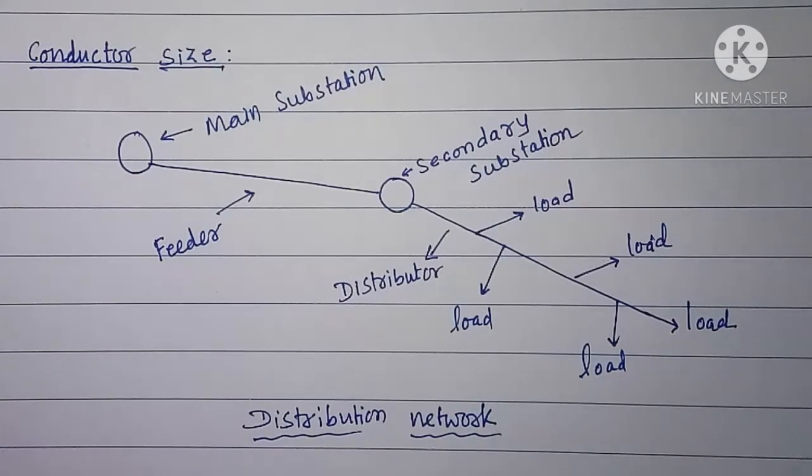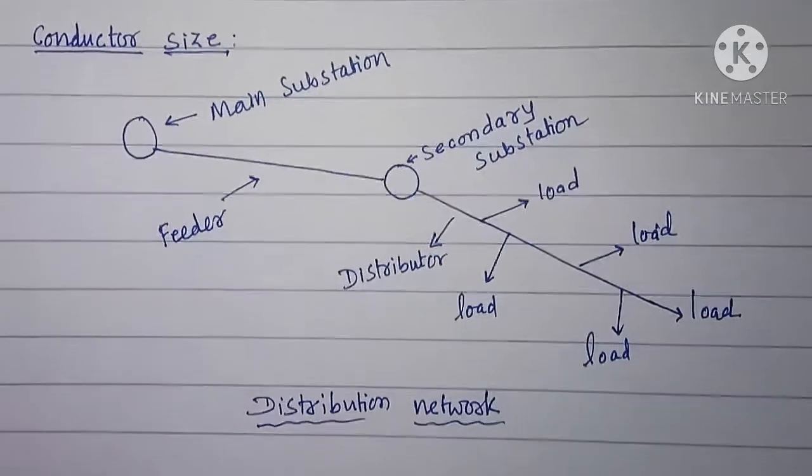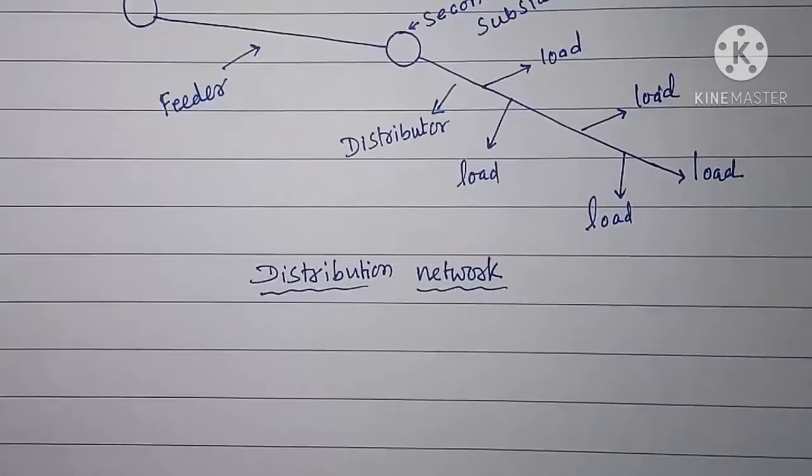Therefore, in case of distributor, the allowable voltage drop decides the cross section of the conductor, whereas cross section of a feeder is decided on its current carrying capacity. So I will mention those 2 points here.